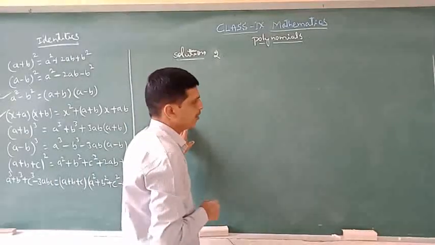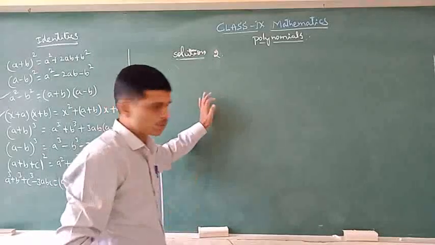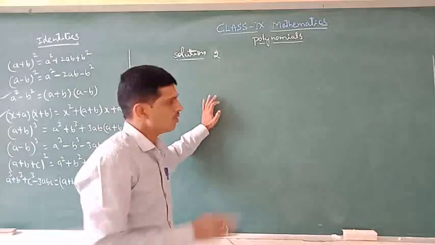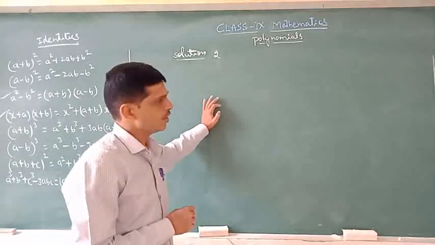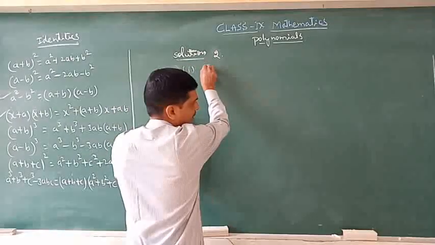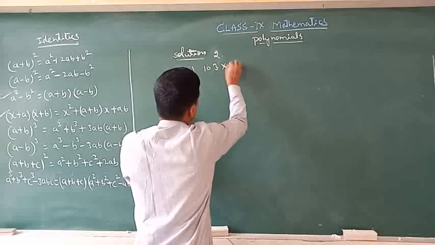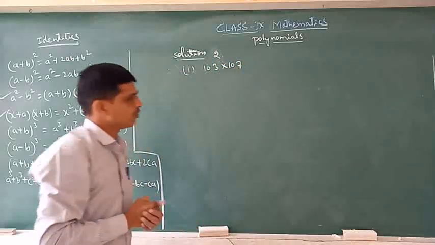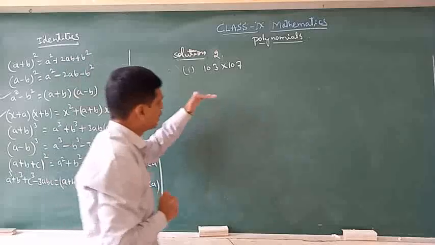Now take the second one. Already I showed what the second one involves: evaluate the following products without multiplying directly. The first one they gave is 103 × 107. How would you explain it without multiplying directly?